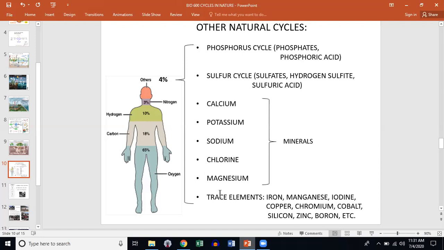And then finally, the trace elements, typically less than 1%. We have many other elements in our body and minerals like iron, manganese, iodine, copper, chromium, cobalt, silicon, zinc, boron, etc. Many other elements that are trace elements, and yet they're less than 1% by volume, but necessary for living, particularly keeping glands healthy and so forth.